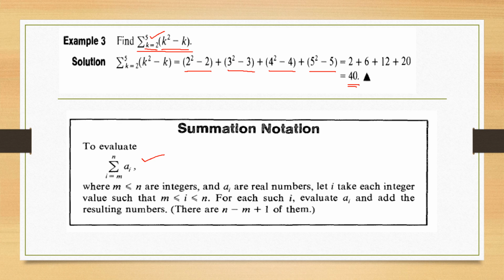Let i take each integer value such that i lies between m and n. For each such i, evaluate ai and add the resulting numbers. There are n minus m plus 1 of them.